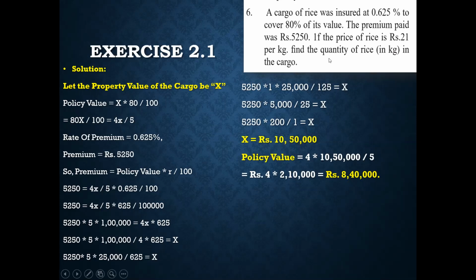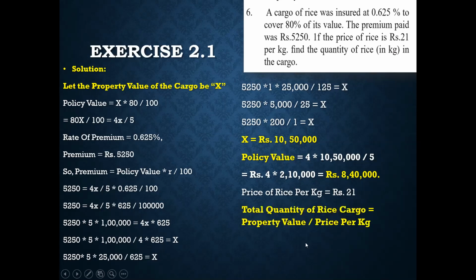They are asking me to find the quantity of rice which was there in the cargo, which helped the seller to make 10,50,000 rupees. So class, there's a statement given that price of rice is rupees 21 per kilo, right? So in order to find the total quantity of rice, we'll use the formula property value divided by price per kg. That is 10,50,000 divided by 21, which gives me 50,000 kilos.